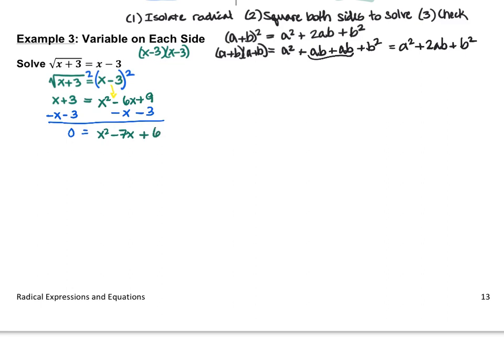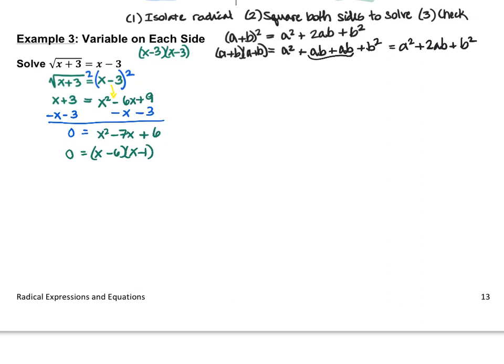The next thing that we want to do is factor that quadratic trinomial. It's set equal to 0, and we know two numbers that will multiply to positive 6 and add to negative 7 are negative 6 and negative 1.